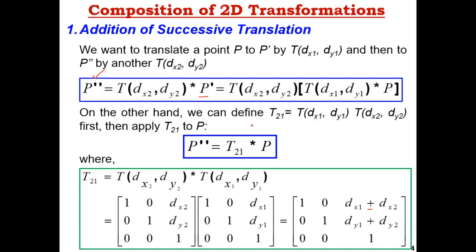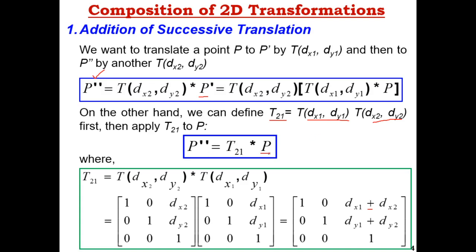On the other hand, we can define T21, which means two translations happen, with dx1 and dx2: first 1 happens and then 2. So T21 and T12 describe the sequence of the operation, and if you apply the second first and then the first, it is written the other way around.